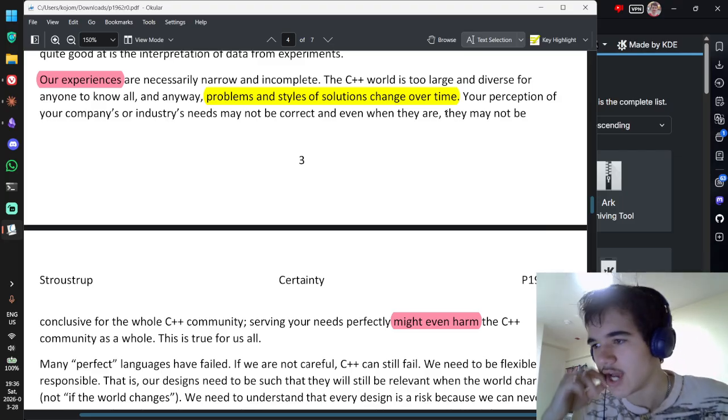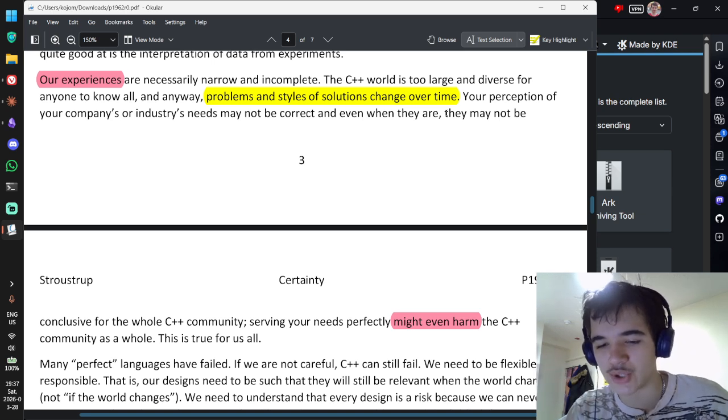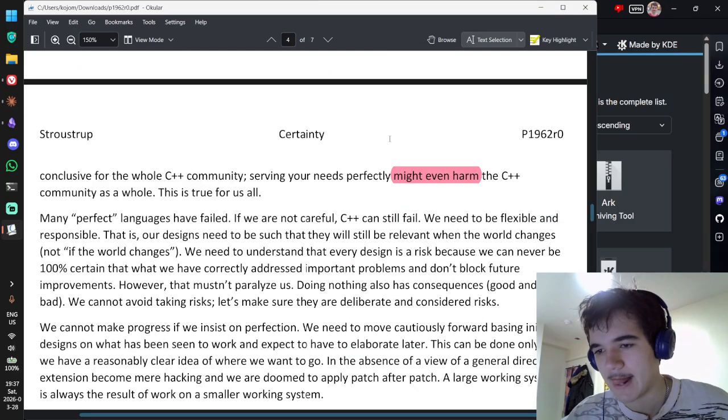The values don't need to change, that I agree with, but the ways it outlines how you should solve certain problems need to change because the problems change. They're just not the same problem.